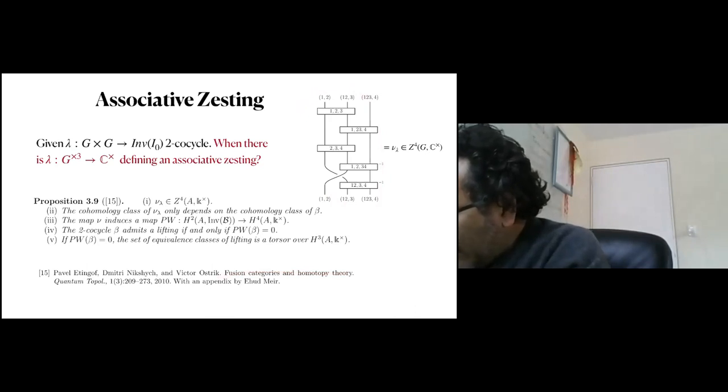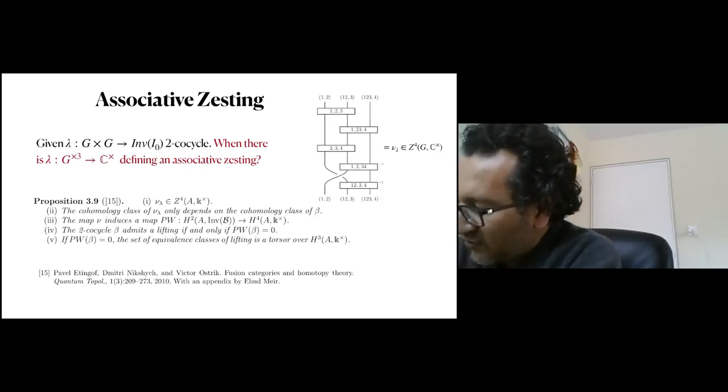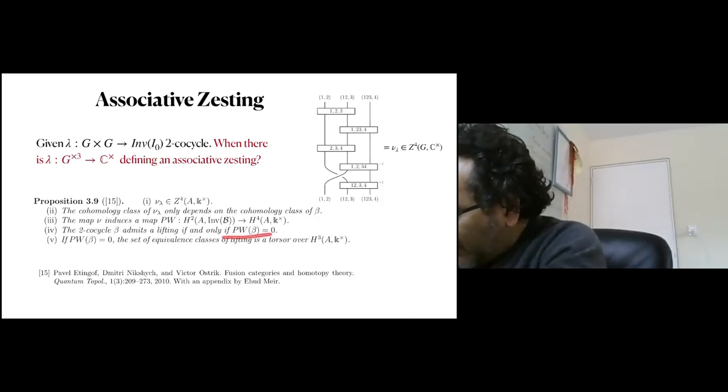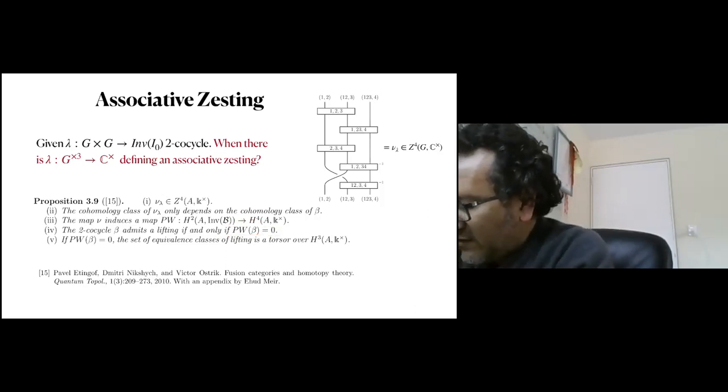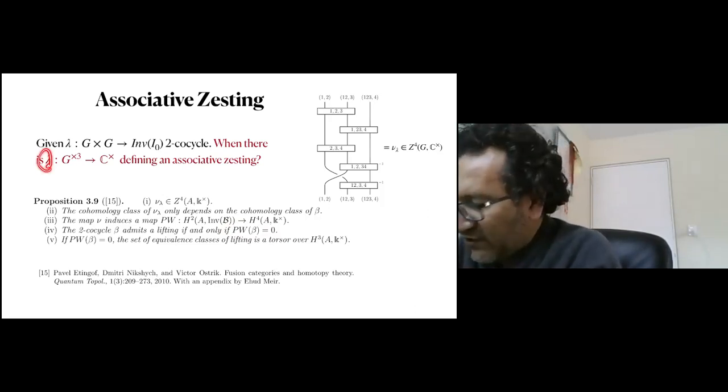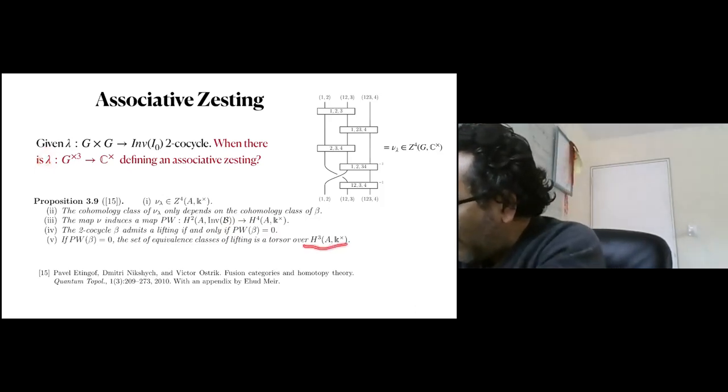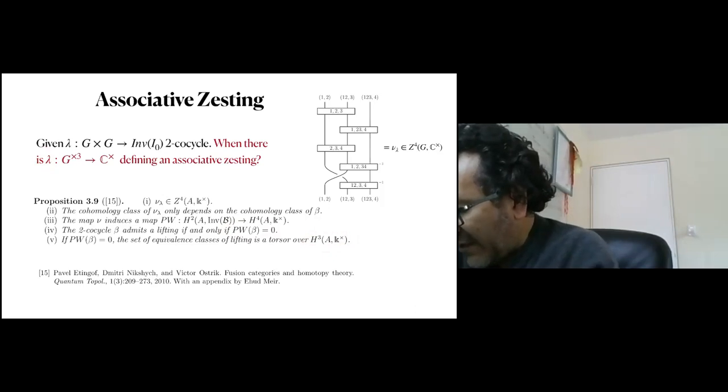And the idea is that what you get through this four cocycle is the obstruction to the existence of the Zesting associated with these two cocycles. So if the cohomology class of this is zero, then you know that there exists a lambda that satisfies the equation. And moreover, the set of equivalence classes of all solutions forms a torsor over H^3. Again, in some sense, those are results in this paper.